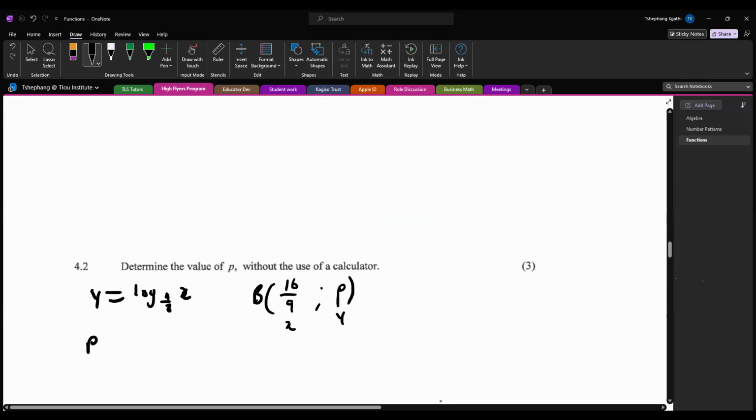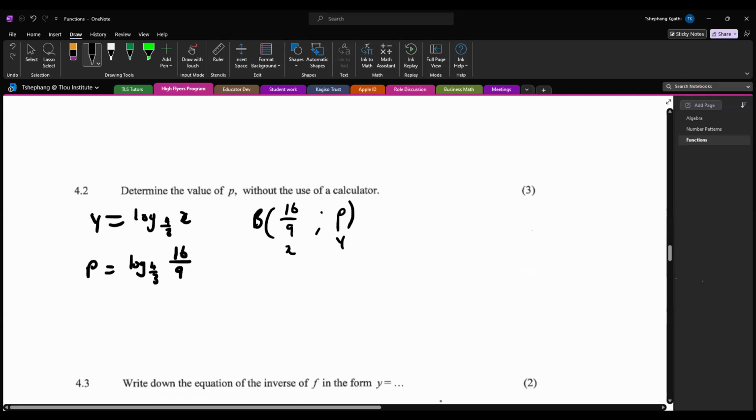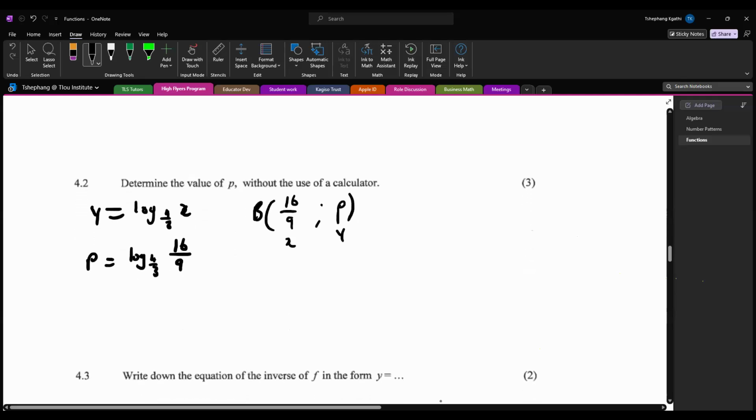So I'll say P is equal to log, the base is 4/3, and then x is 16/9. Okay, now we're going to get rid of the log. I'm sure you guys are pretty comfortable with getting rid of the log. We will say this is 4/3 to the power of P is equal to 16/9.